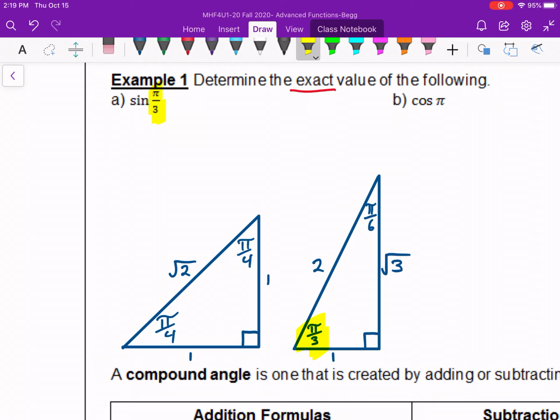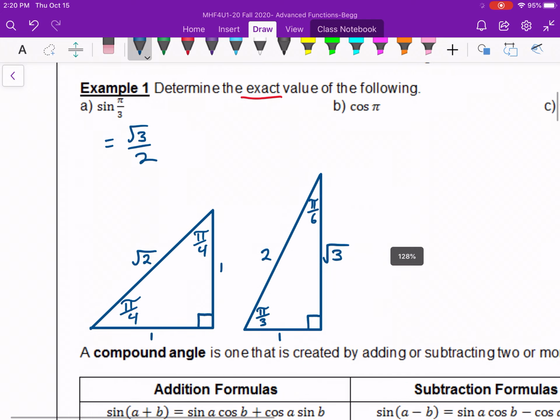And then for sine, we do opposite over hypotenuse. Opposite is root 3, hypotenuse is 2, so it becomes simply root 3 over 2. And that's all there is to that one. It's that easy if you understand your special triangles.